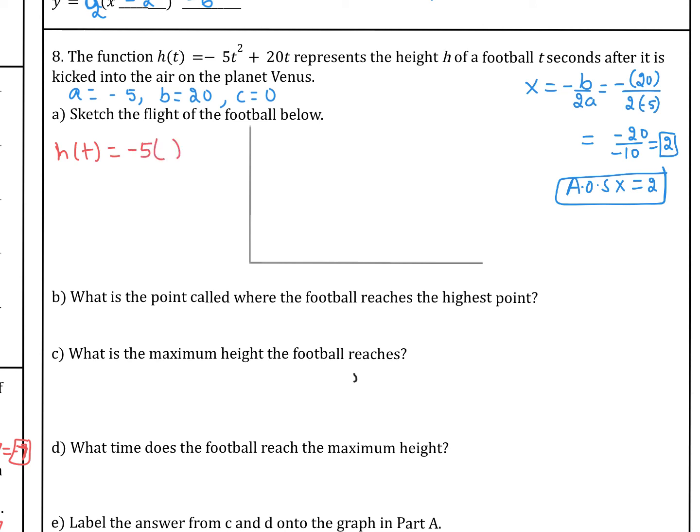Negative 5 times 2 squared plus 20 times 2, and that's going to be negative 20 plus 40. So the y coordinate is 20. The vertex is going to be 2 comma 20. So we can only assume that the 20 is, let's say, up there. It's going to be the following graph.